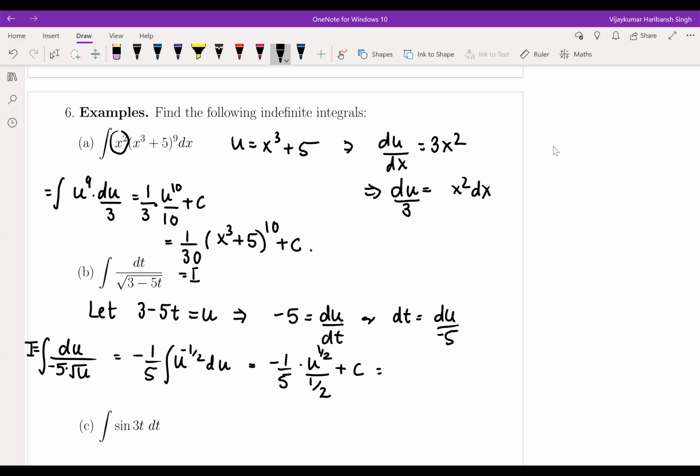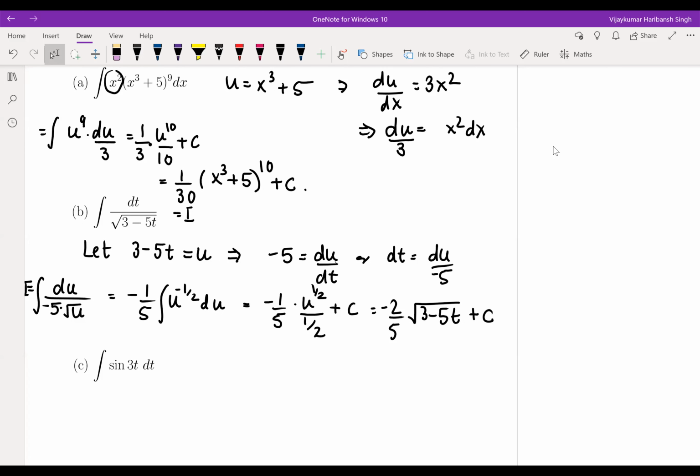So we get minus 2 by 5 u to the power half. What was your u? Your u is 3 minus 5t. Power half is taking the square root, plus c. Now note that here you simplified the denominator so that you can basically take the integral.